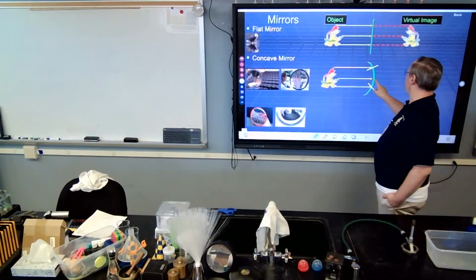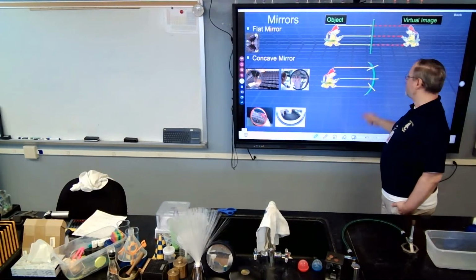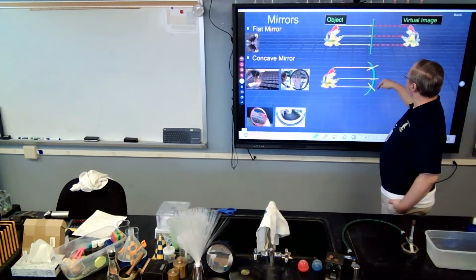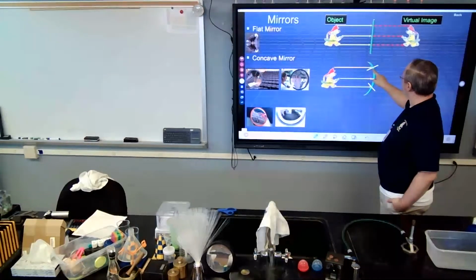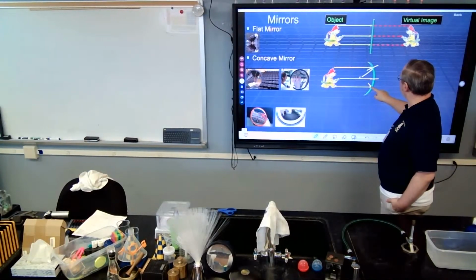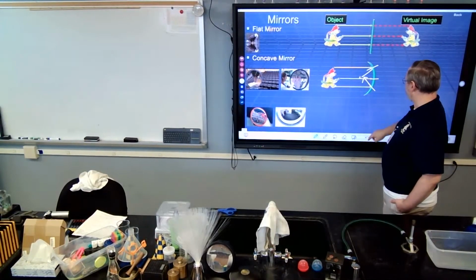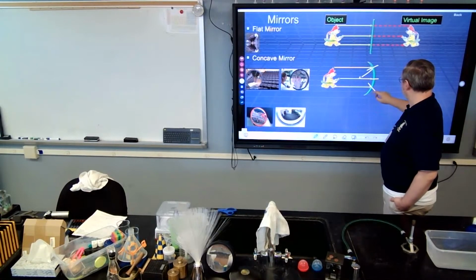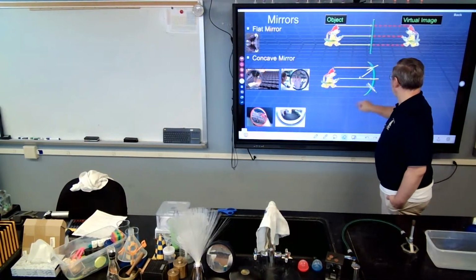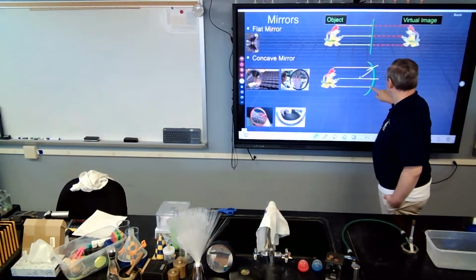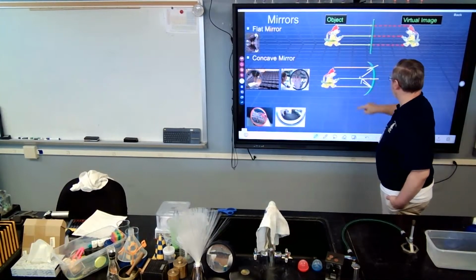So this one is going to come right back because it's at 90 degrees. But on the curvature, this one's going to do the law of reflection. Well, I messed that one up. Let's try this again. So there's the normal and there's the ray.